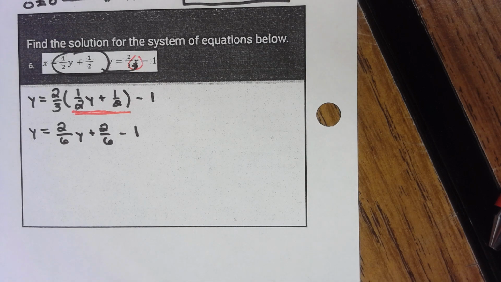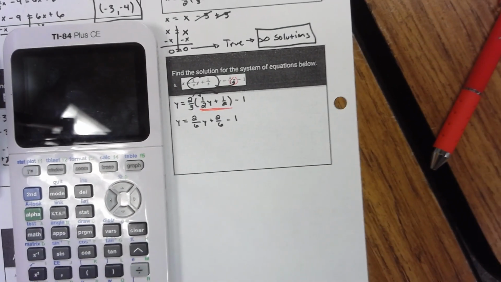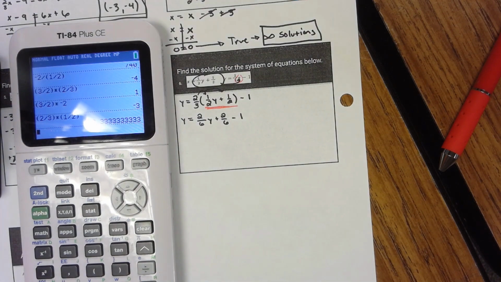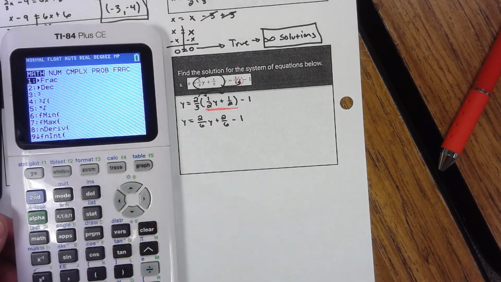So now when I do the multiplication and distribute this 2/3 in the calculator, again, you have to use parentheses. So 2 divided by 3 times 1/2 is 0.3333.